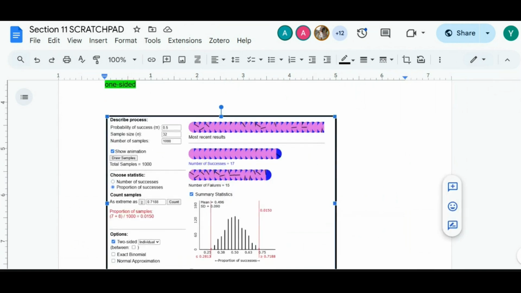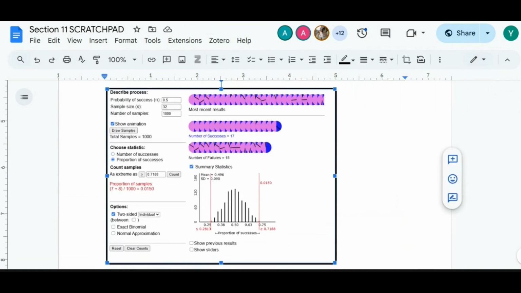How mechanically do we do it? Now pay attention. When you click the two-sided box, your original observed statistic is 0.7188, right? You travel from the red line to the blue line, the middle. Then you take a mirror and travel the same distance to the other side and draw another line.